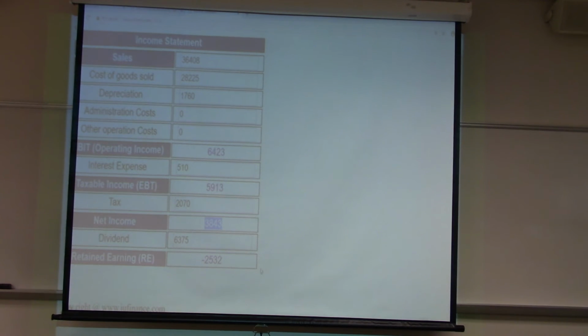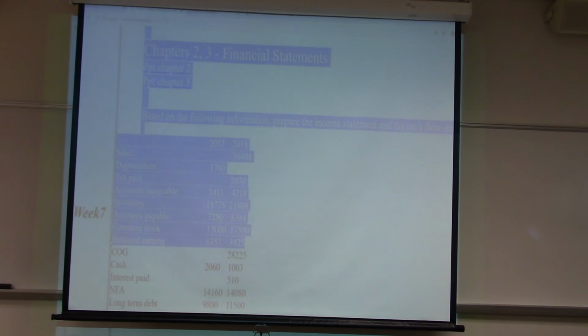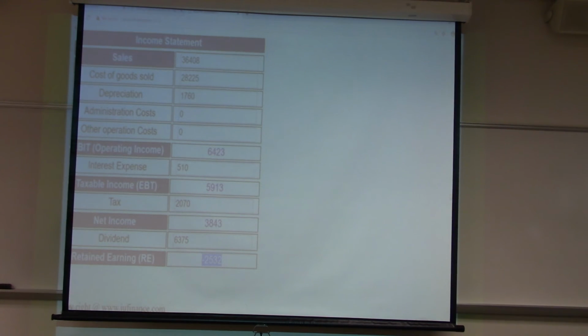So now if we don't know how much dividend is, but if you got the correct number, the retained earnings change should be just the same as the difference between the retained earnings of 2018 and 2017. These two. So this is a complete one for income statement.